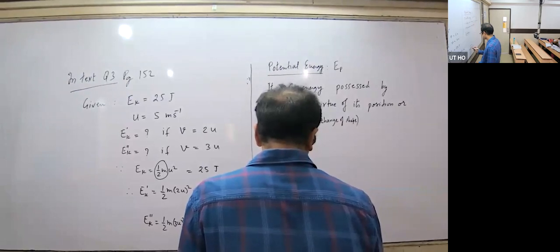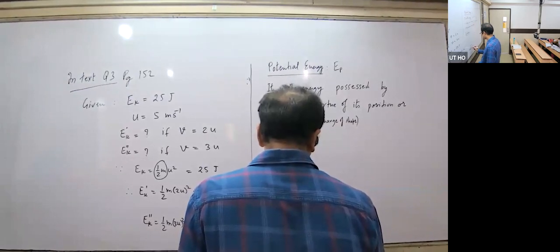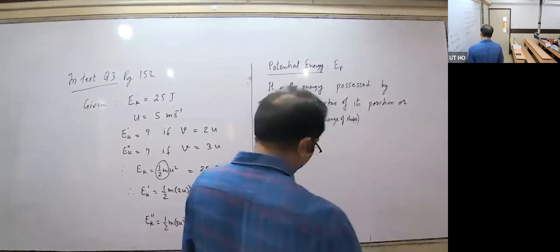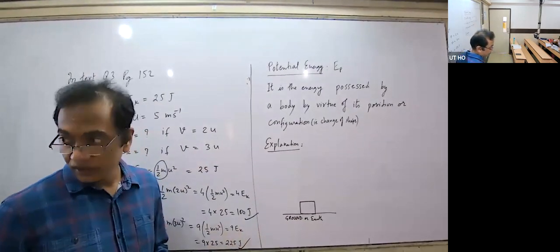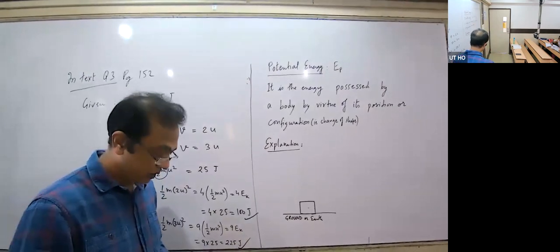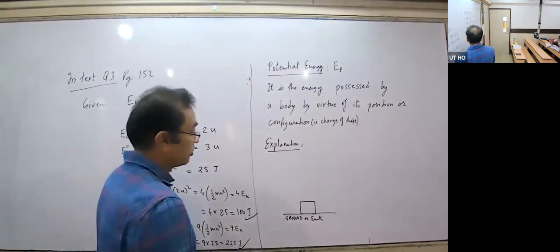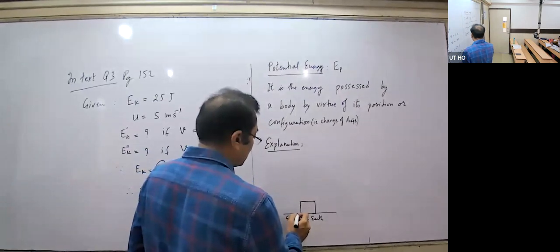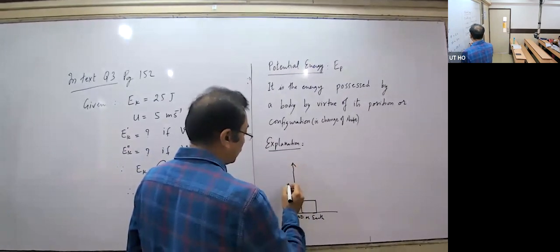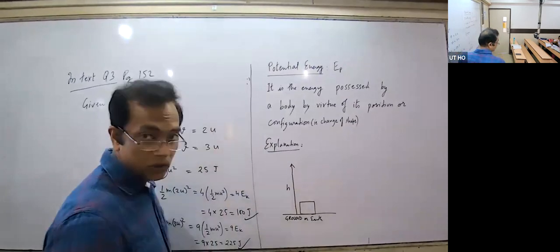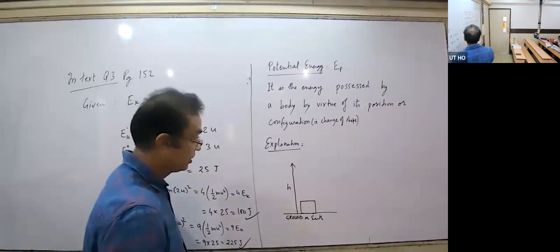Ground is earth. So it has no energy because it is stationary, right? It is not moving. Now we are raising it to a height h. This body is raised to a height h.